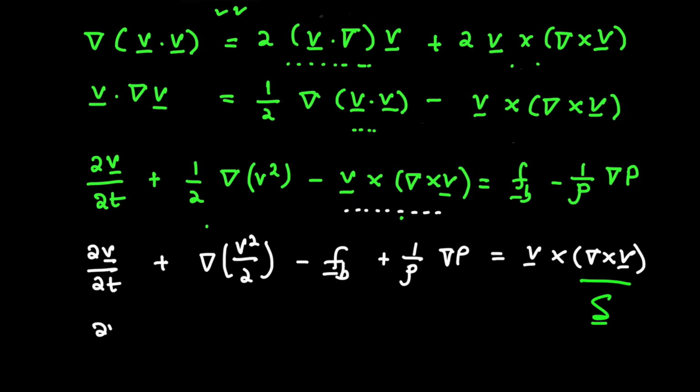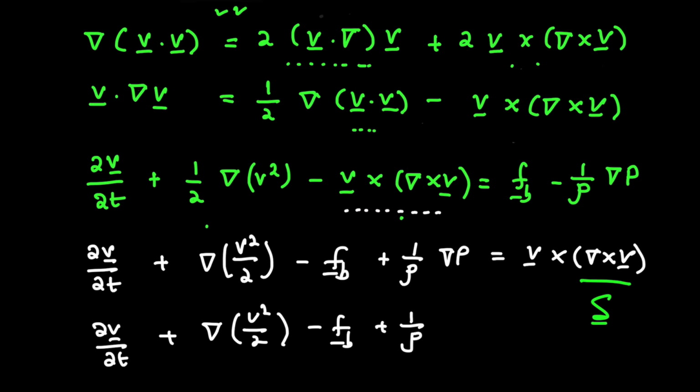So the partial derivative plus v squared over 2 minus f of b plus 1 over the density del of p. This equals v cross the vorticity, right? Okay, cool, guys. Let us continue.